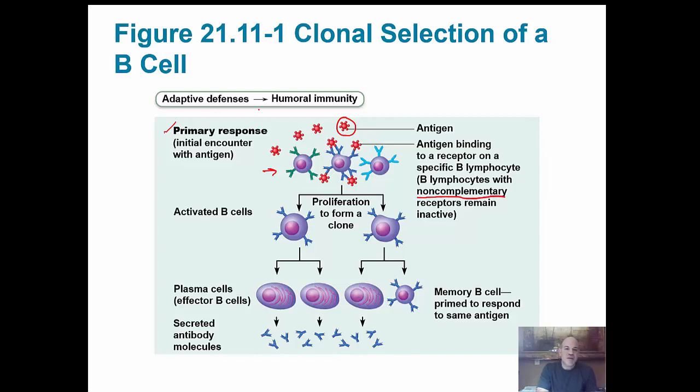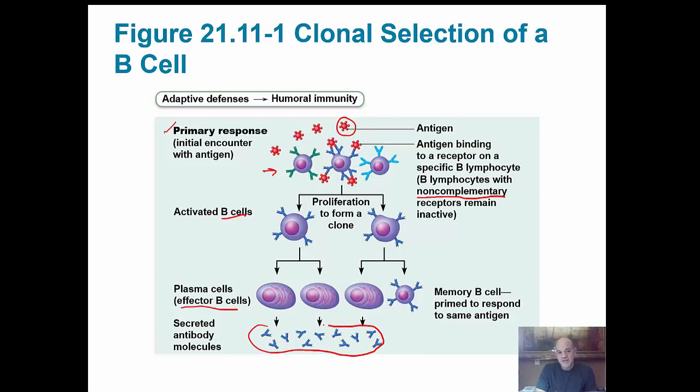What happens here is that once the antigen is bound to the receptor, that activates the B cell, and that causes proliferation of clones. Some of these clones are going to differentiate into plasma cells, which are a form of the effector B cell, and then they'll secrete these antibodies.